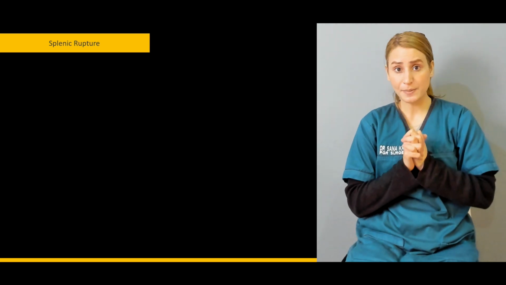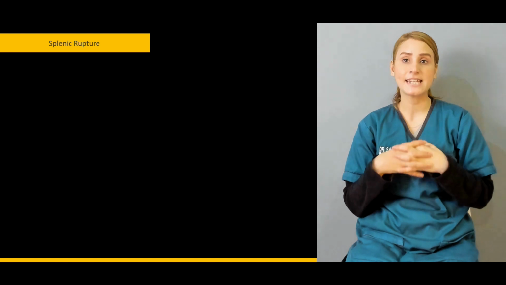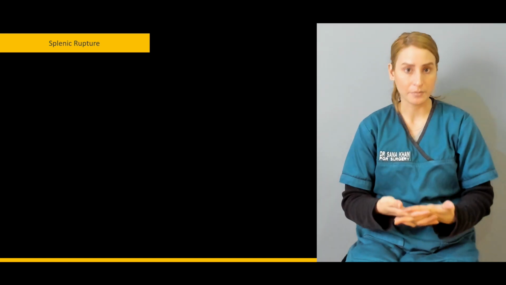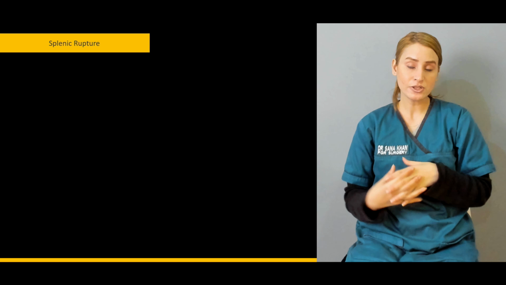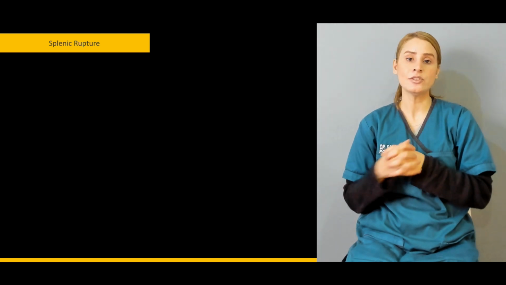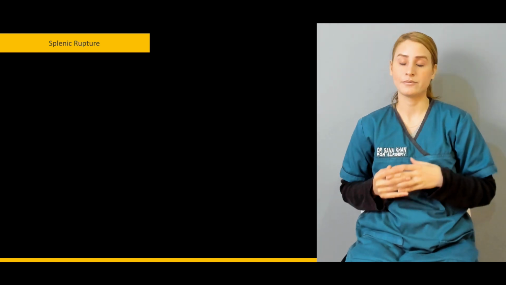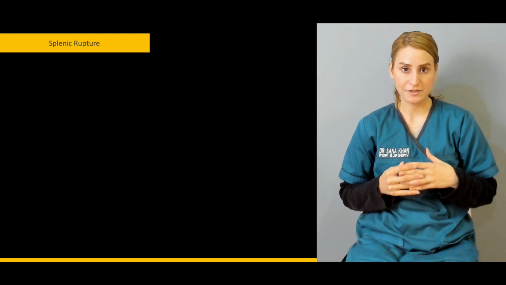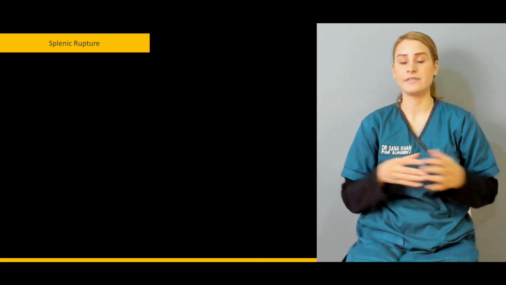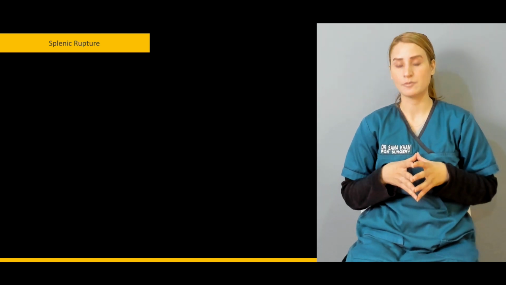Now, talking about splenic rupture, it can be because of abdominal trauma. Mostly, if there is an injury on the left side of the abdomen, or maybe the 9th or 10th rib is fractured, or there's a gunshot injury at the level of the 9th or 10th rib, you suspect a splenic injury.